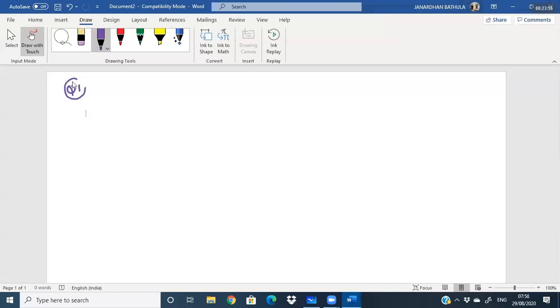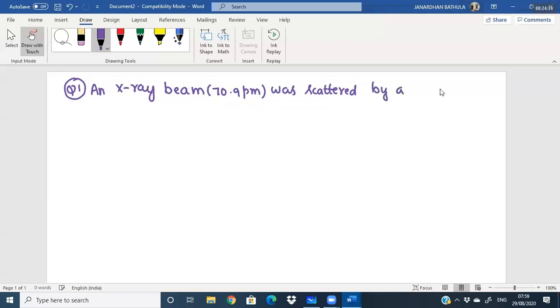Question number 1. An X-ray beam of wavelength 70.9 picometers was scattered by a crystalline solid.